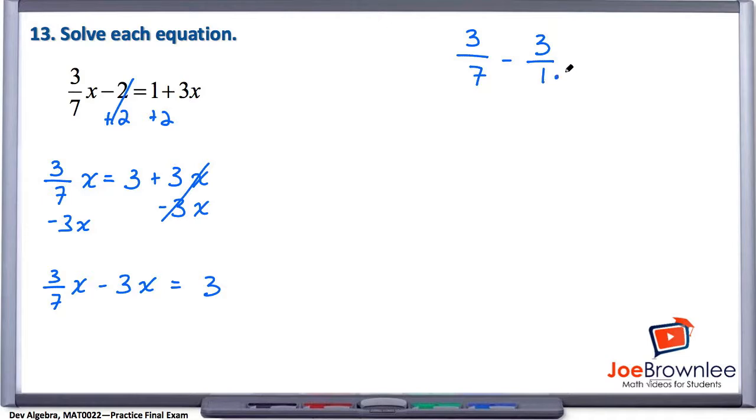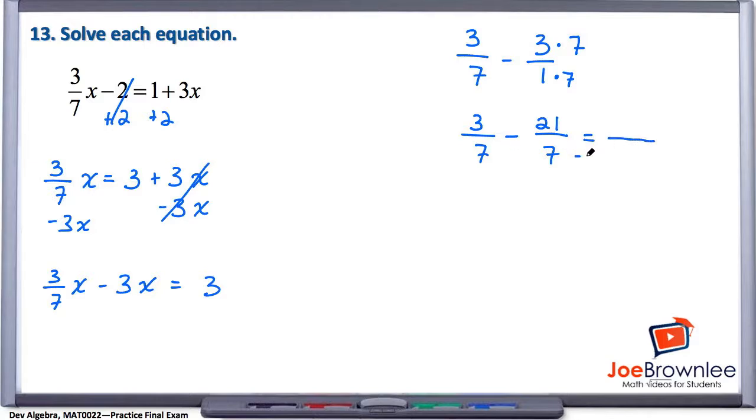To do that, we simply multiply by 7, because 1 times 7 is 7, but whatever we multiply the bottom by, we have to multiply the top by that same number. So what we end up with is 3/7, which we didn't change, minus 21/7.